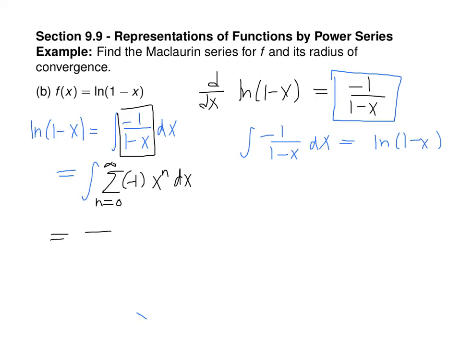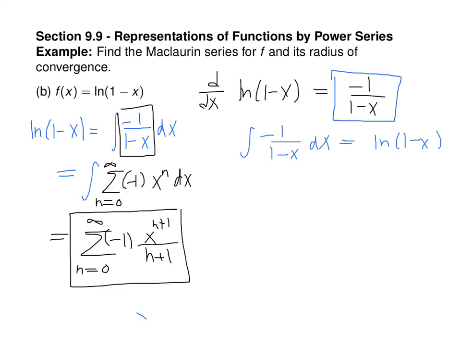And now antidifferentiating, we antidifferentiate term by term, and we'll have negative 1 x to the n plus first divided by n plus 1, and that's it. So that's the power series representation for ln of 1 minus x.